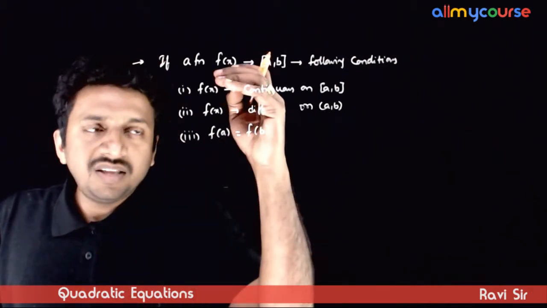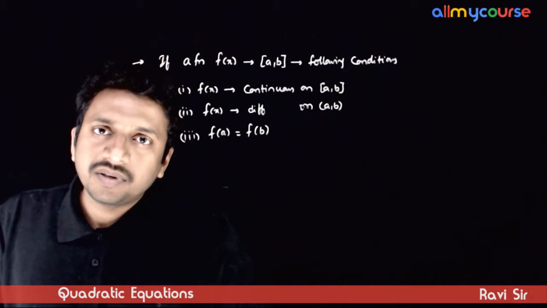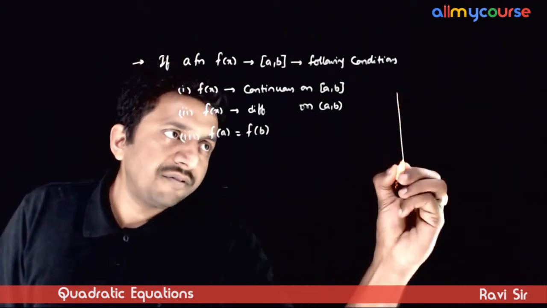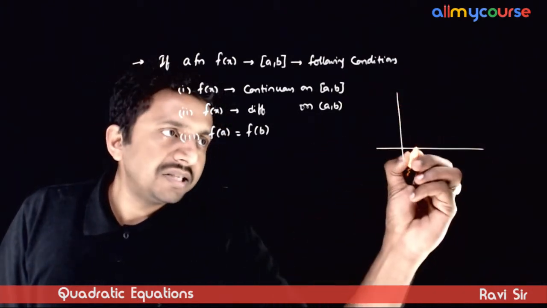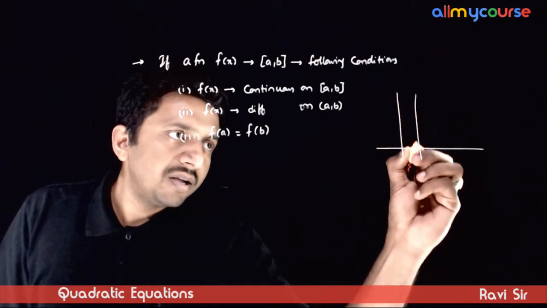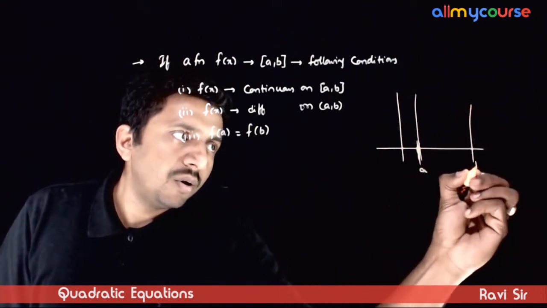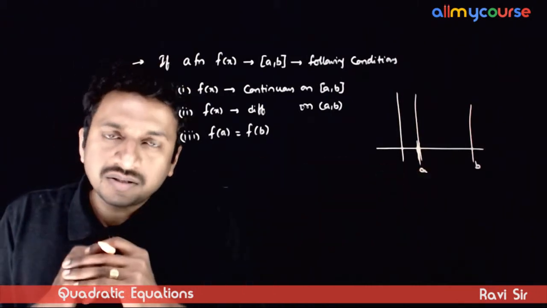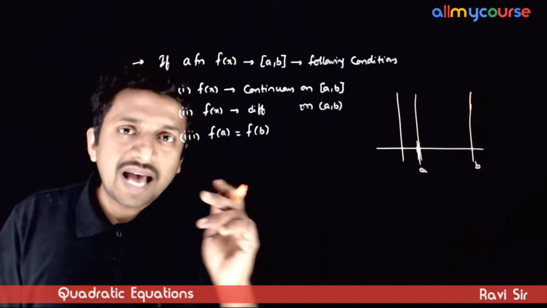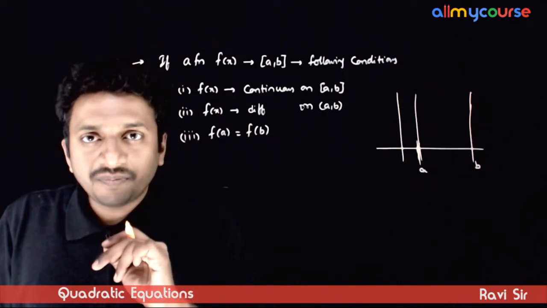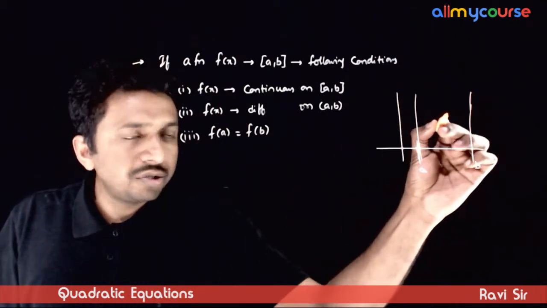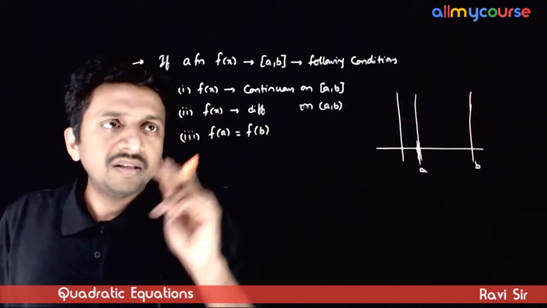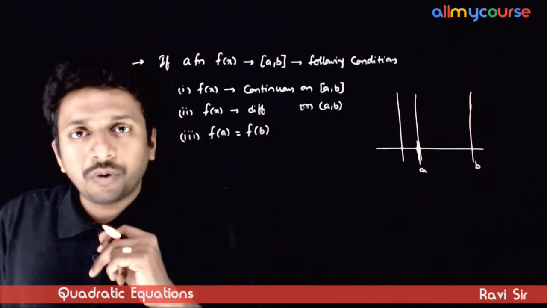So if these three conditions are valid, look at the graph of the function defined from closed a to closed b. A and b are some given constants and the function has to be continuous in [a, b]. That means the graph of the function should not break between a and b. F of x is differentiable on open (a, b).